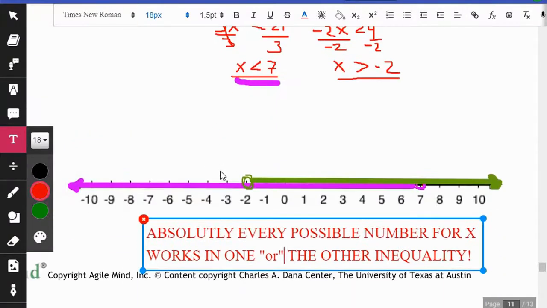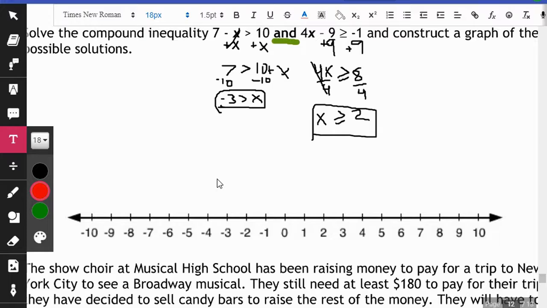So this one had infinitely many solutions. X could be anything. This one, "and," is a lot pickier. So we'll see what we end up with here.